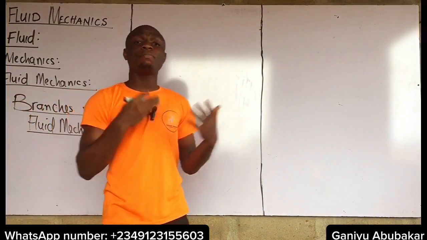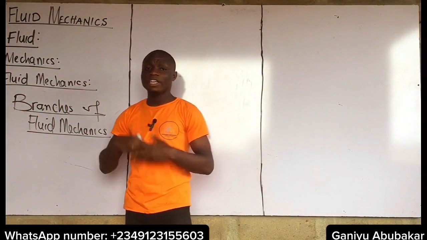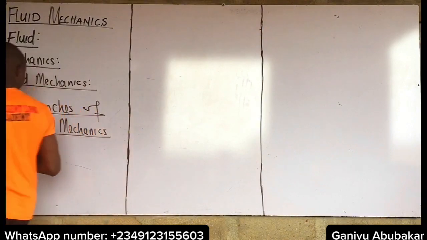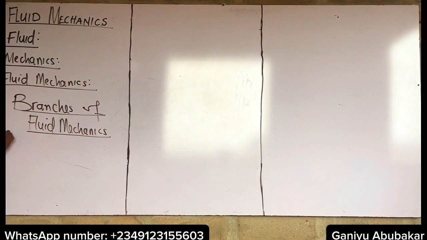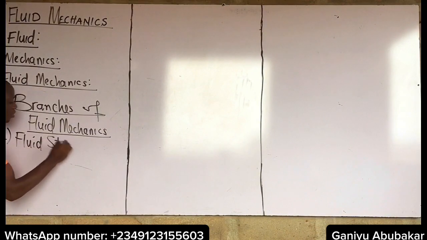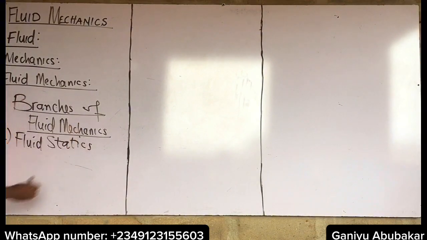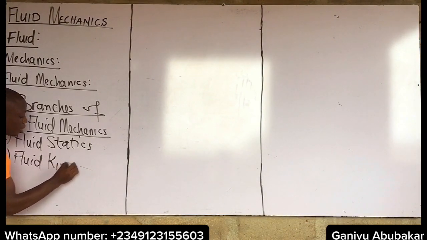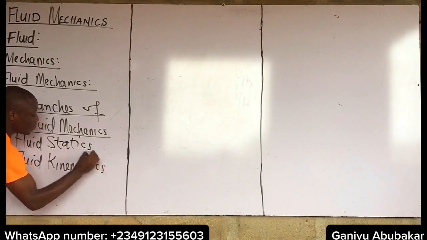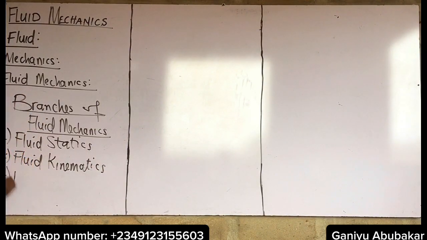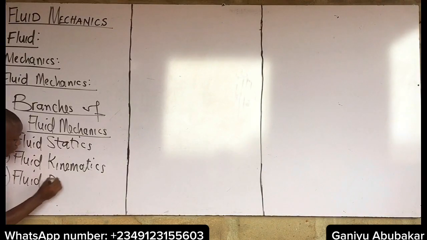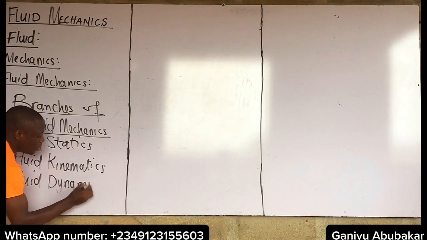There are about 3 branches of fluid mechanics, and they include number one, fluid statics, number 2, fluid kinematics, and number 3, fluid dynamics.